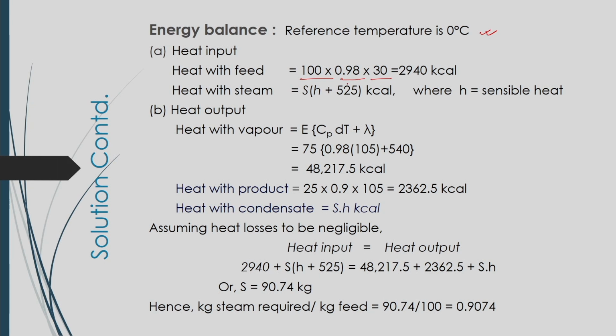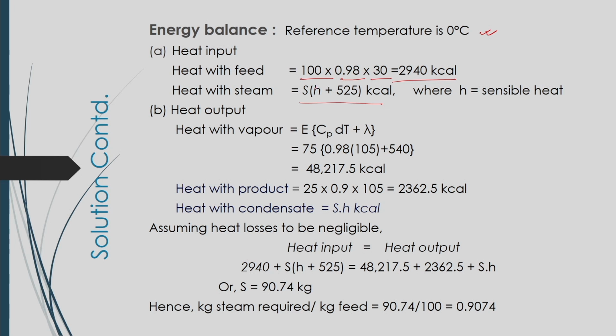So, we can say that 2940 kilocalorie of heat will be with the feed. Similarly, heat with the steam entering the evaporator is S into H plus 525 kilocalorie, where H is the sensible heat we are considering, and S is the amount of steam.